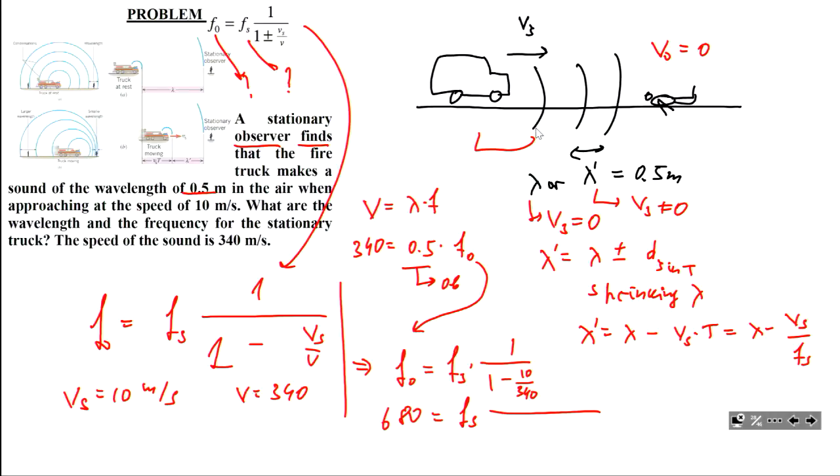So I multiply by 340 here, and here 340 minus 10. And that gives me a simpler equation, 340 over 330. And now I can solve it. The stationary frequency should be, I had to do it in my head, 680 over 340 is 2, times 330, 660.